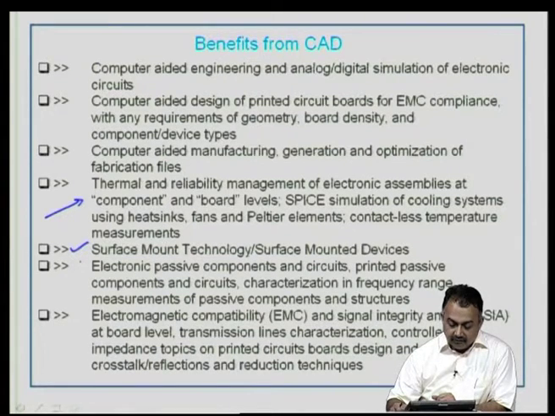Electronic passive components and circuits, printed passive components and circuits, characterization in frequency range, measurements of passive components and structures can be done with efficient CAD analysis. Then, as I said before, EMC and signal integrity. Signal integrity is now a key word in electronic circuits.